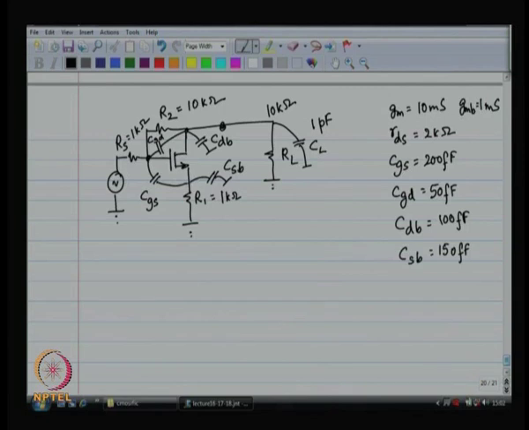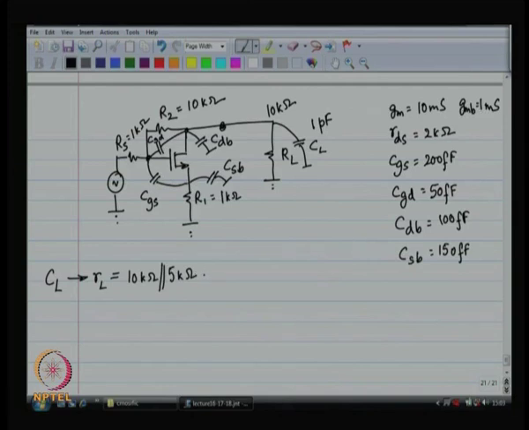Let's now proceed with the method of open circuit time constants. Okay. So, let's do them one by one. Let's first start with CL. When I talk about CL, the resistance that CL is going to see is 10 kilo ohms in shunt with the output resistance of the whole thing, which was about 5 kilo ohms.